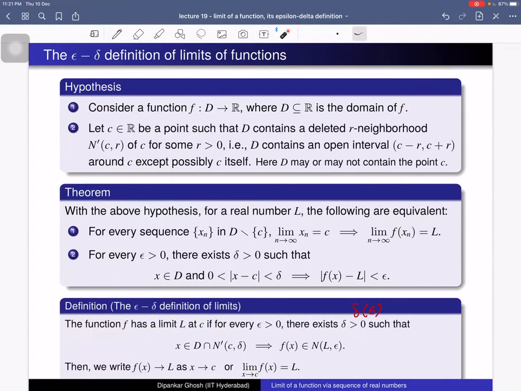In this case, we write f of x tends to L as x tends to c, or we write the limit of f of x as x tends to c equals L. First we will analyze two examples using this definition, and then we will prove this theorem, that is, why these two conditions are equivalent.